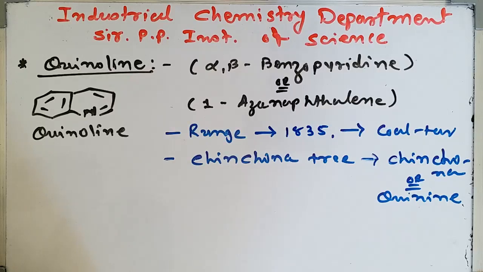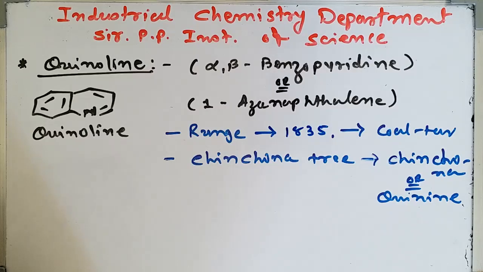It is a fused 6-member ring heterocyclic compound with one nitrogen heteroatom, and thus it has the same relation to pyridine as naphthalene has to benzene, or indole to pyrrole.